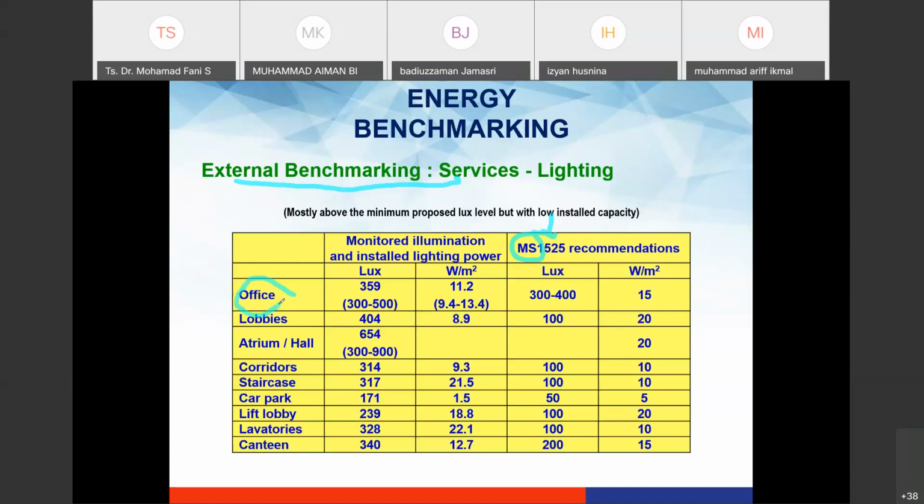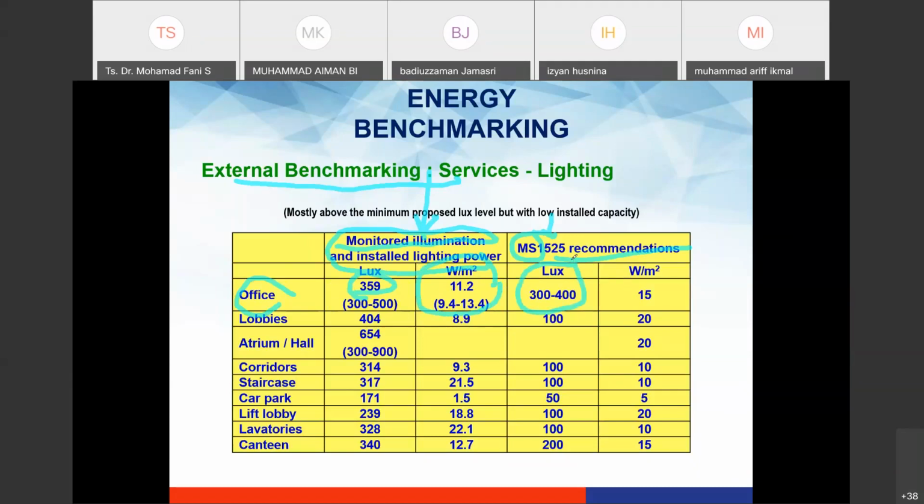For the office, on the left side, this one is the measurement and recommendation for the MS standard. For example here, the average lux in the office is 359, and the power per square meter for the office is 11.2.